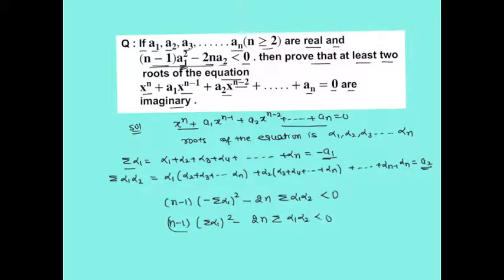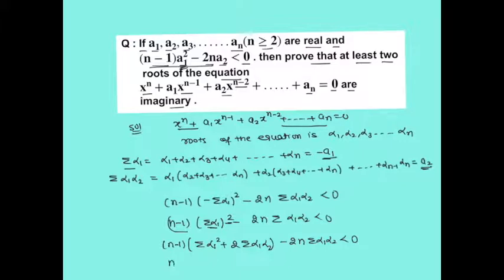Now this we can write as n minus 1 into sigma alpha 1 whole square, we can write as sigma alpha 1 square plus 2 times sigma alpha 1 alpha 2 minus 2n into sigma alpha 1 alpha 2 is less than 0.